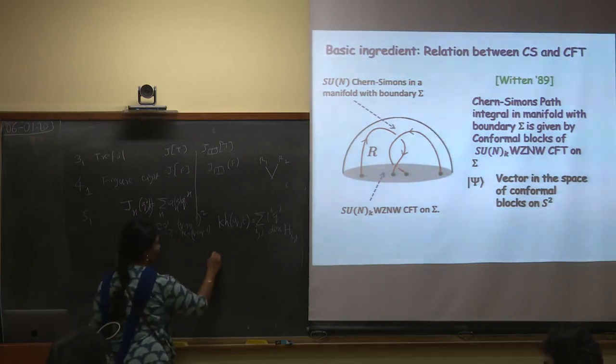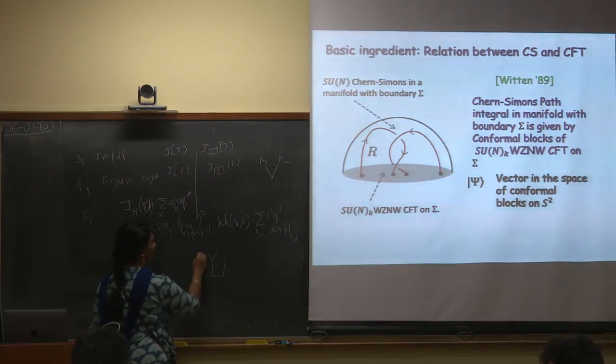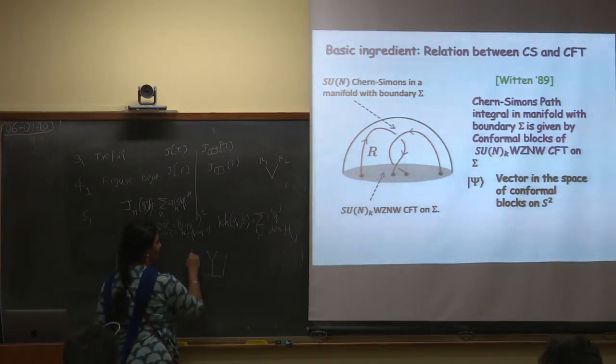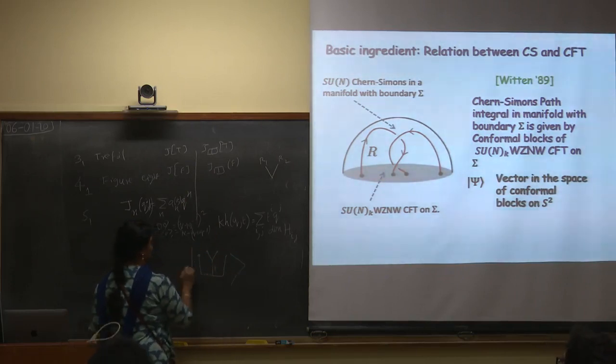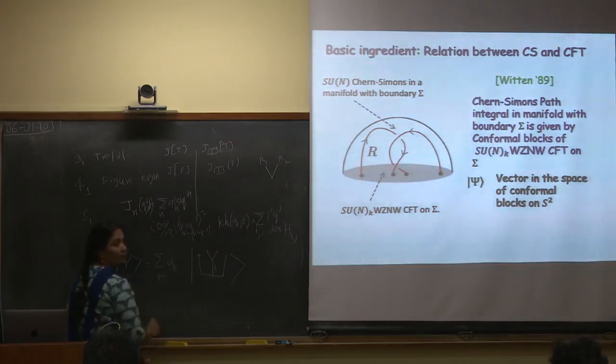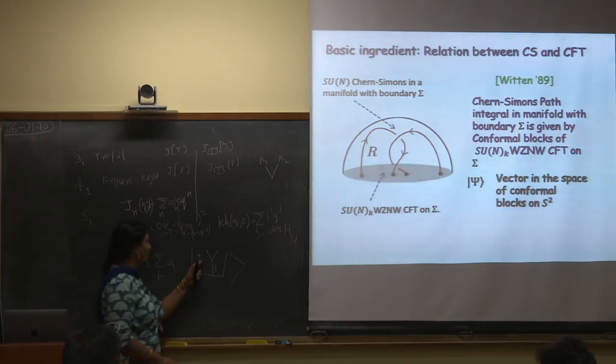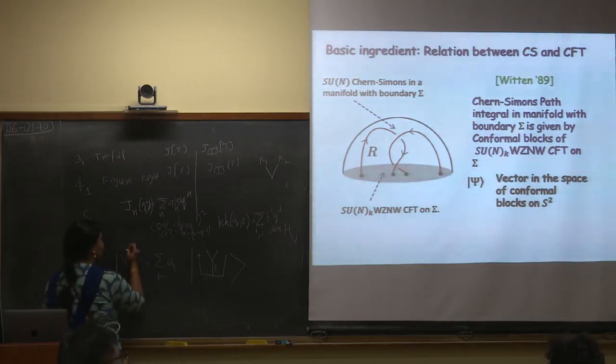Diagrammatically I can show what he is saying. For the 4 punctures, you can have a state which depends on the primary fields on the punctures.